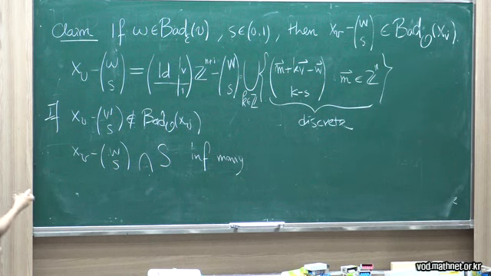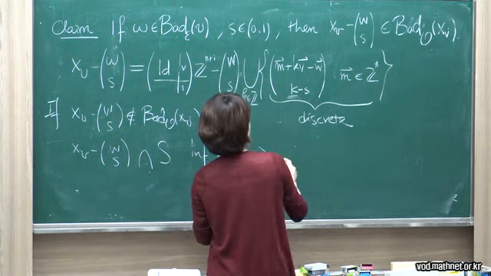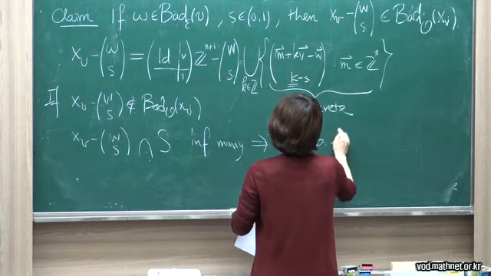For bounded K, bounded height, you have only finitely many. So it means that you have arbitrarily large K. This K is more or less the height, so you have K arbitrarily large.